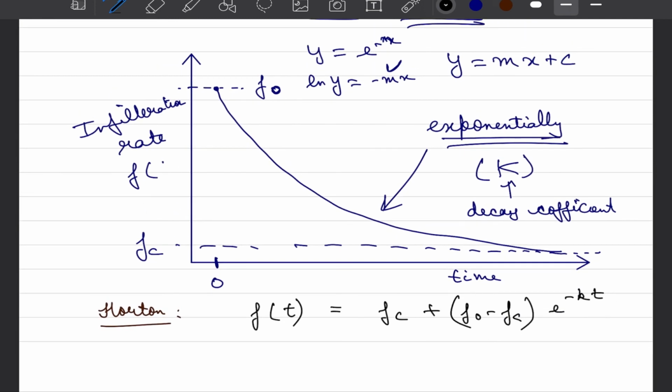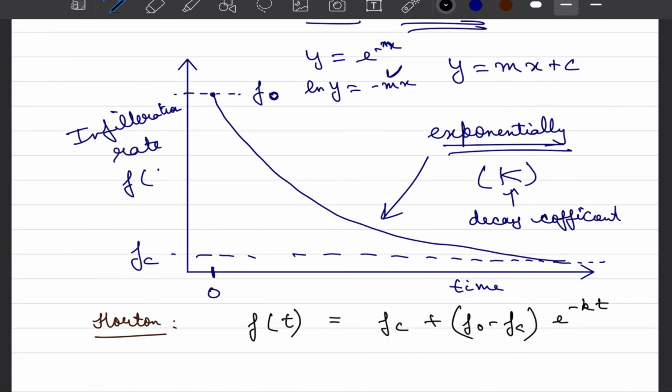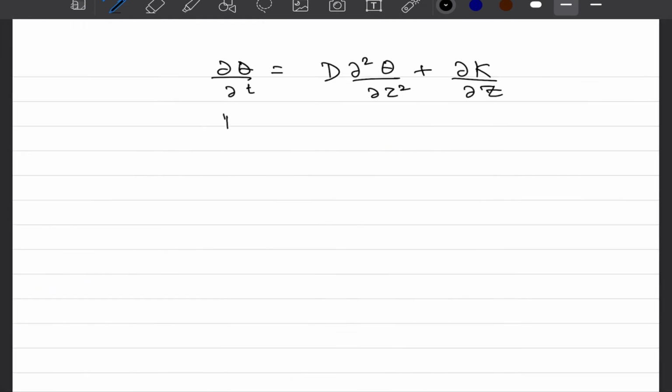Now, while this particular equation was proposed based on experimental settings, scientists later showed that if we look into Richards' equation, which looks like del theta by del t equal to del square theta upon del z square times D, the diffusivity, plus del k upon del z, then we can arrive at the same result as Horton's equation by assuming that D is constant as well as k is constant for the entire soil strata.